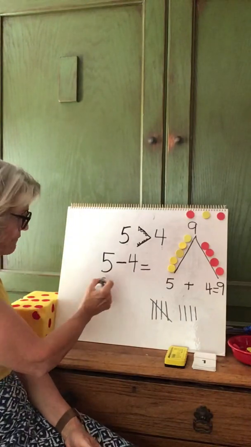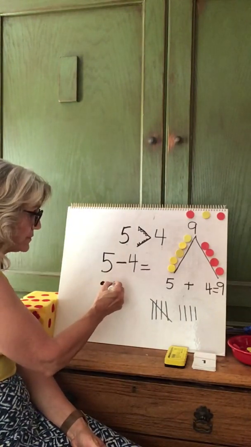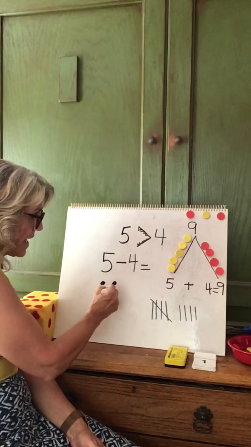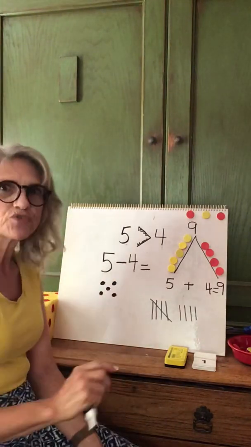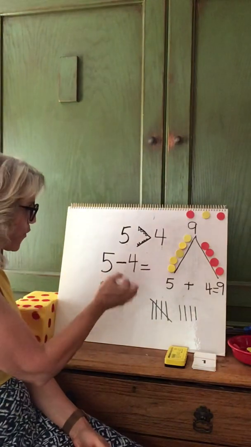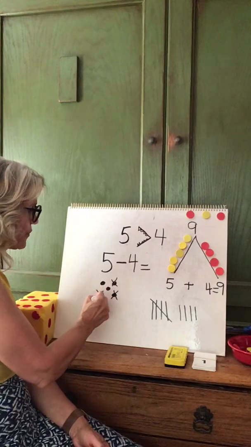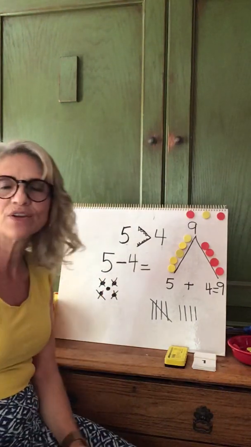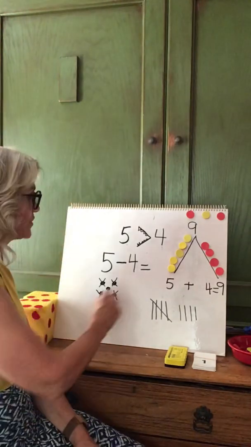We could draw our 5 again like it was on the dice. 1, 2, 3, 4, and 5. And then this number for subtraction we cross out. So let's go ahead and cross out 4. 1, 2, 3, 4. So, we can tell how many are left. I had 5, I crossed out 4, I only have 1.